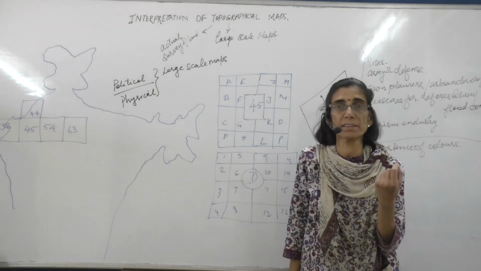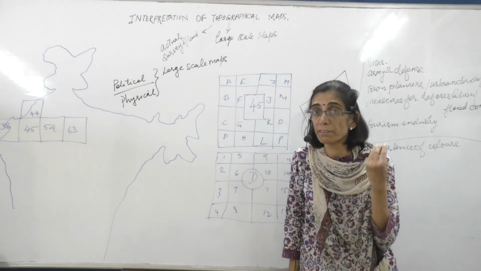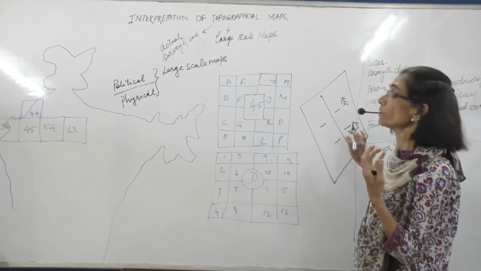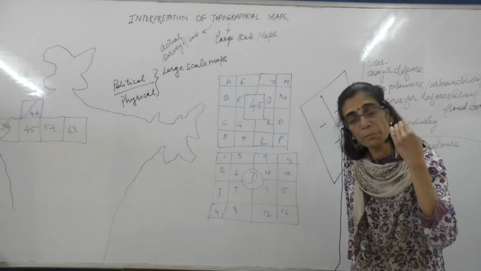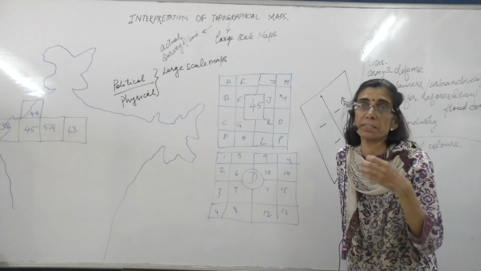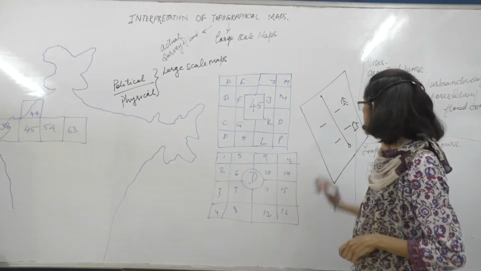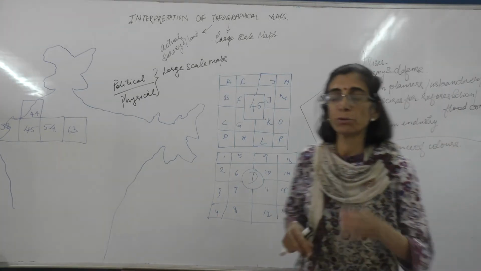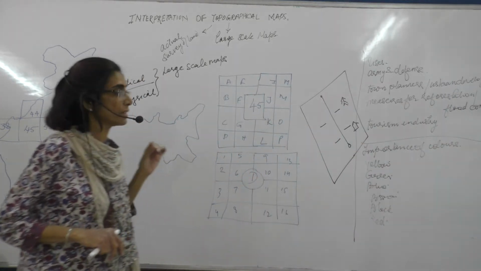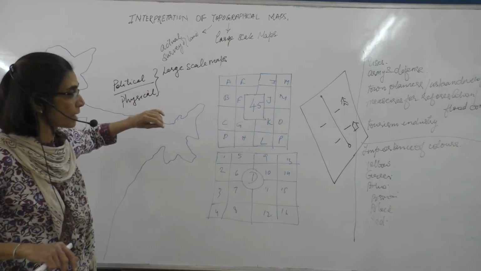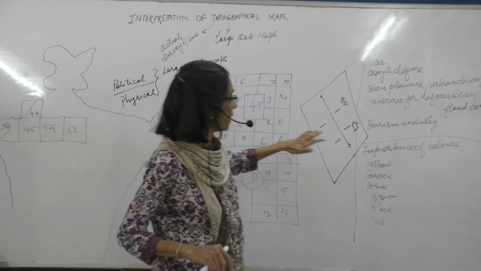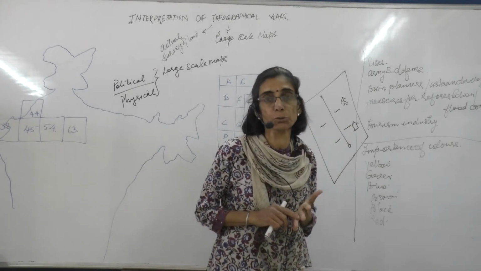Now what does this indicate? That means you are trying to cover as many objects on the ground as possible. You will be showing finer details, minute details, on these topographical maps. So we need to understand how these minute details are shown.